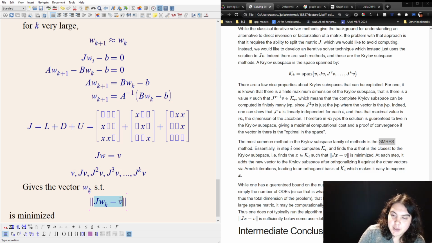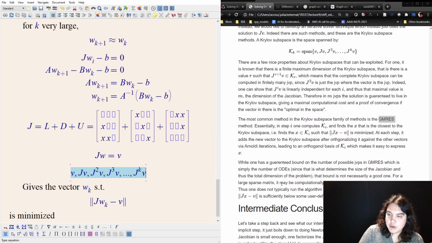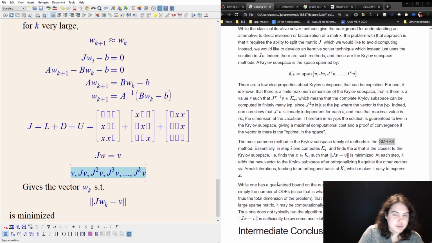So why does this converge? Well, because each of these Krylov subspace vectors are orthogonal. Well, okay, they're not orthogonal, but they all span a different direction, and so once you prove that they're linearly independent, then you know that after k is equal to the number of columns in your Jacobian, you have a set of vectors which spans the full space.